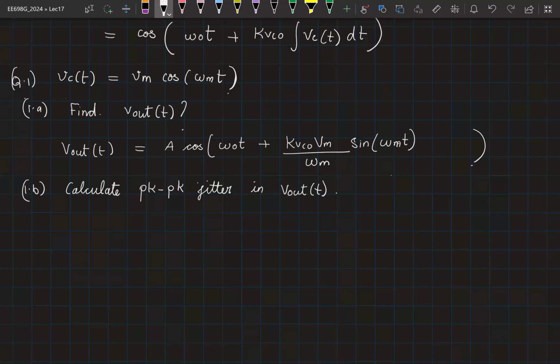That is what we are trying to measure, right? So I can write the total phase of the signal as some omega naught t plus kVCO Vm divided by omega m into sine of omega mt.